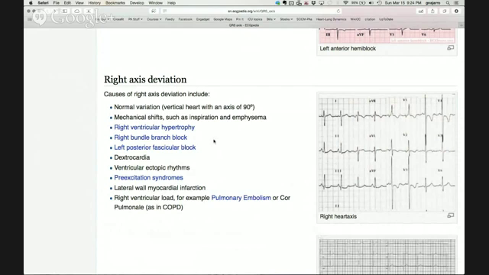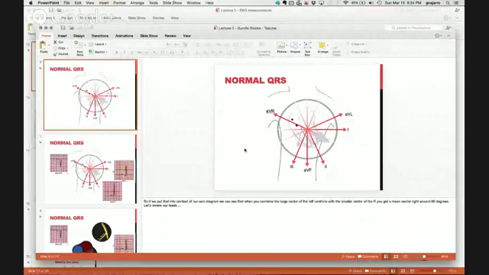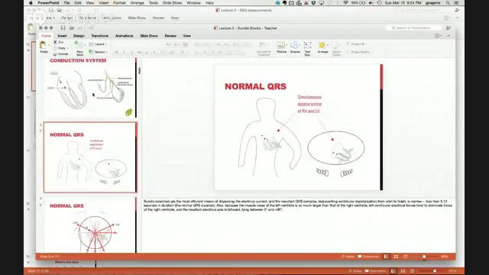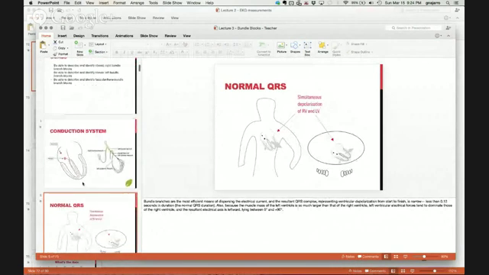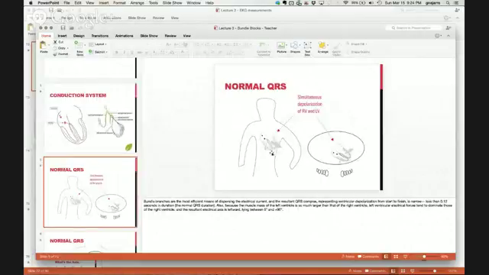The reason is, if you think about what causes these vectors to become larger and smaller, it's the mass of muscle on that side, right? So at baseline, in normal physiology, your left ventricle is larger than your right ventricle. And it's working harder to overcome systemic blood pressures, which are higher than pulmonary blood pressures.